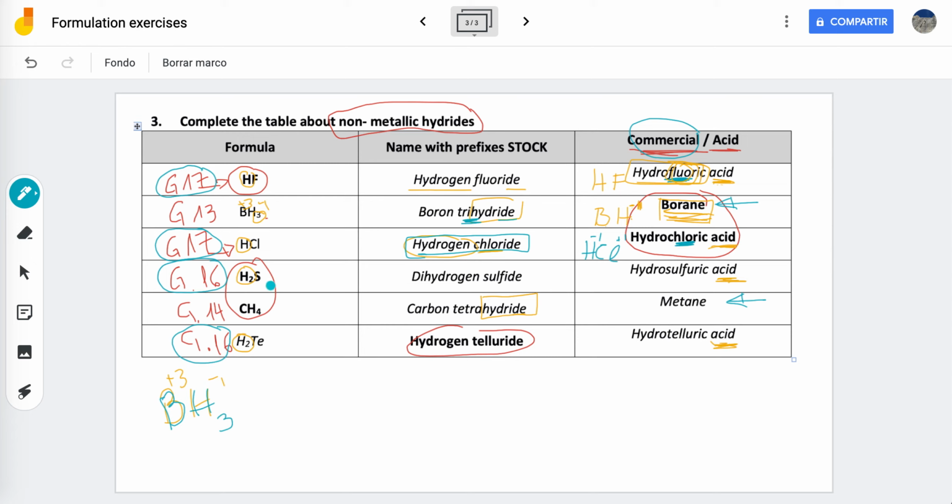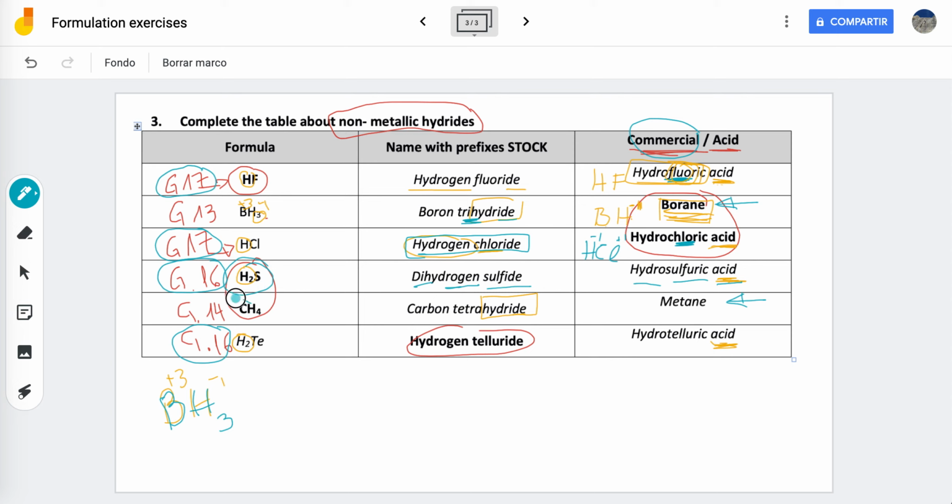Next, they tell me the formula. So very easy, dihydrogen sulfide, and hydrosulfuric acid. Hydrosulfuric acid. Yes, very simple. Sulfur in this case has 2 as an oxidation number.